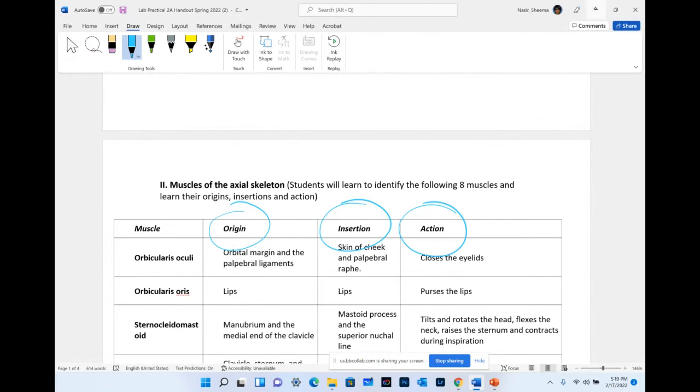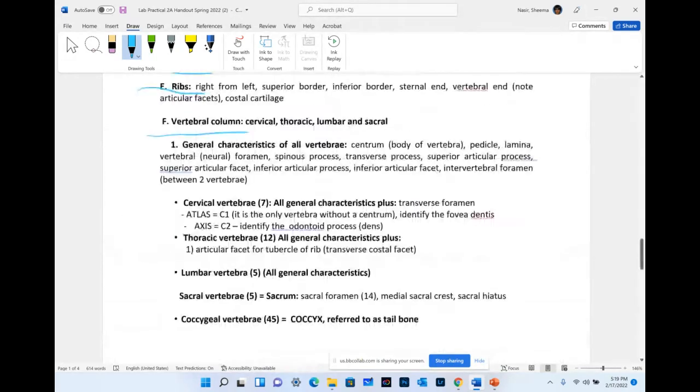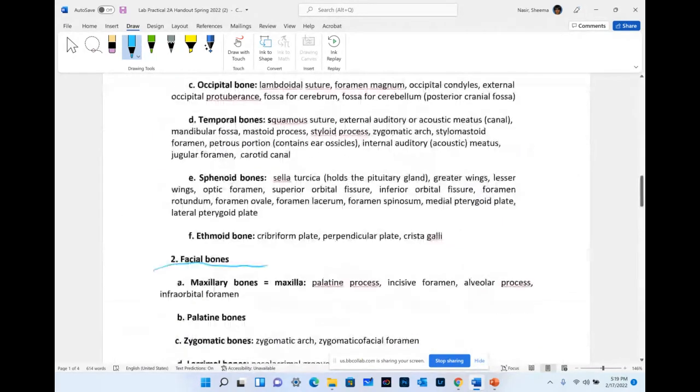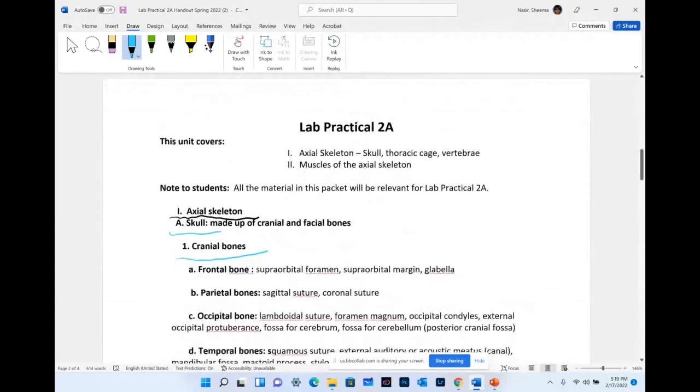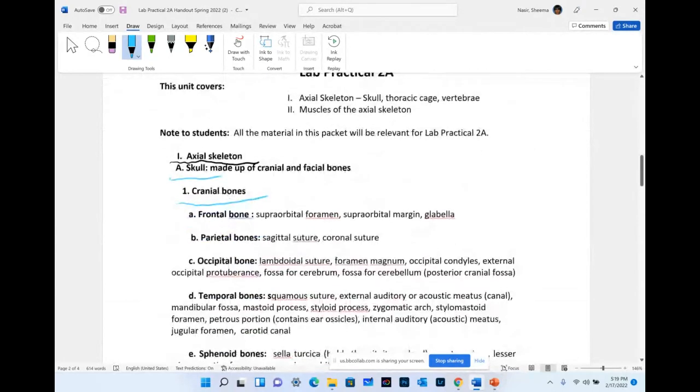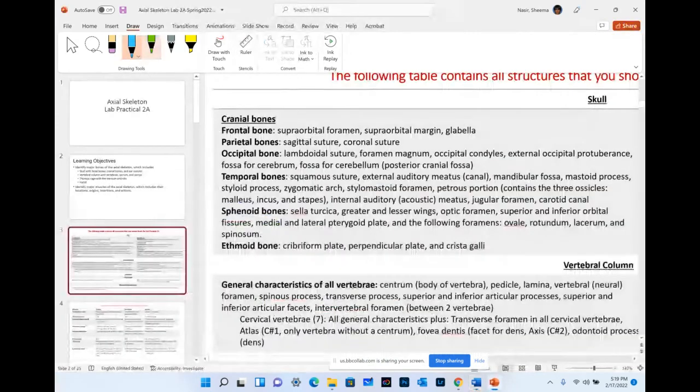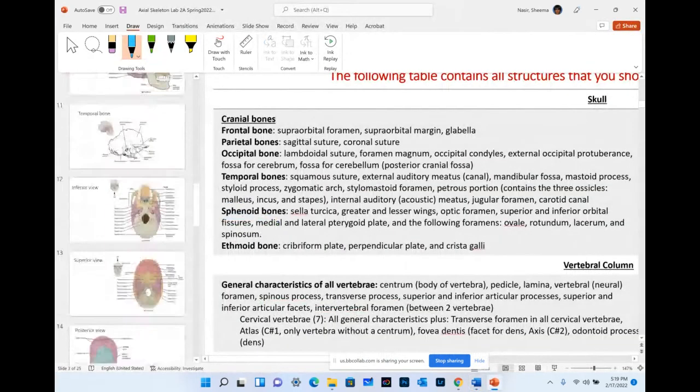Okay, so with that being said, let's see what we are doing in the frontal bone, in the cranial bones. Today we are going to do basically frontal, parietal, occipital, and temporal. We are going to do these 4 bones. So let's look at the frontal bone.